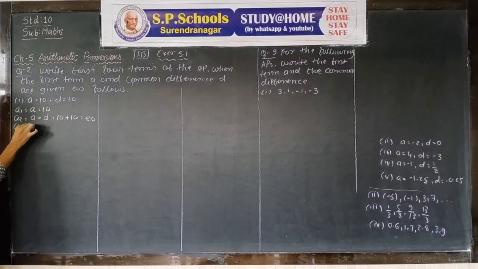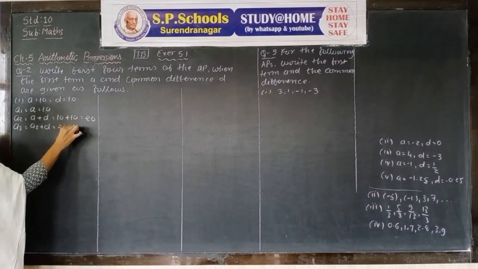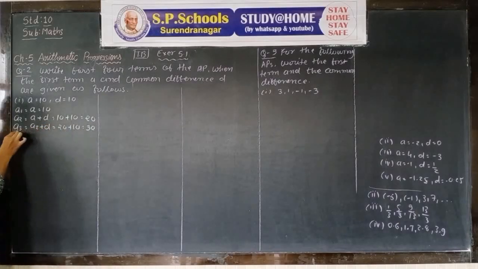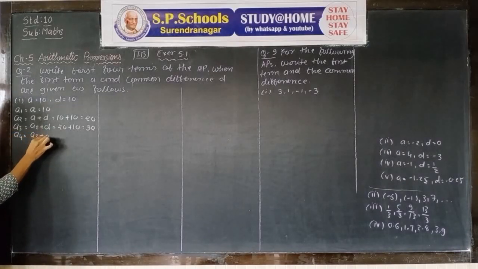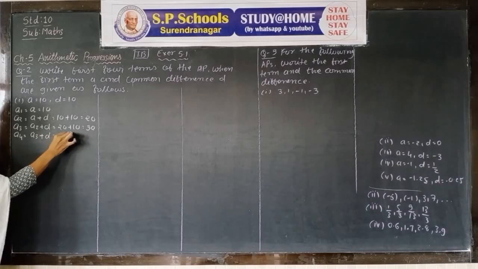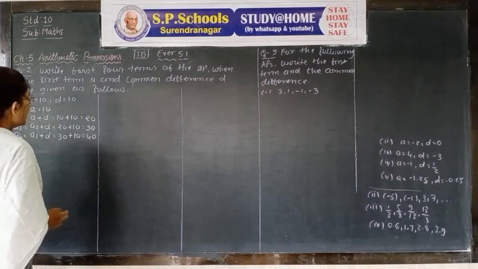The third term A3 is equal to the second term A2 plus D, where A2 is 20 and D is also 10, which is 30. The fourth term A4 is equal to A3 plus D, where A3 is 30 and D is 10, which is 40. Hence the 4 terms are obtained here.